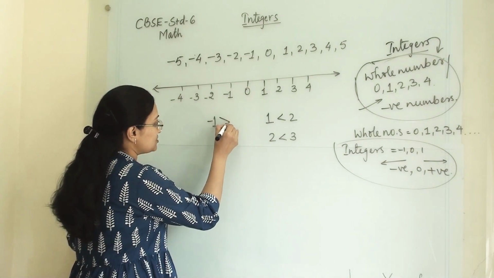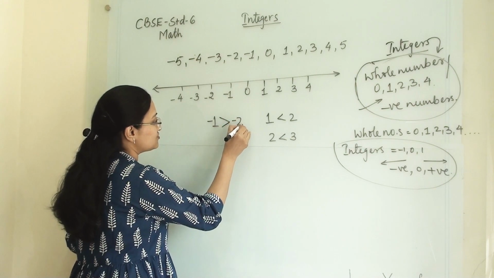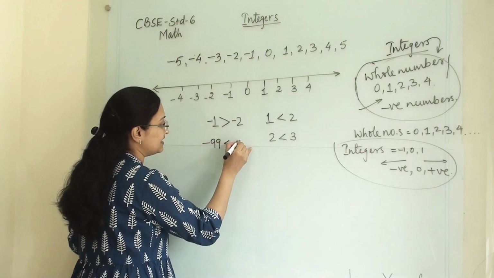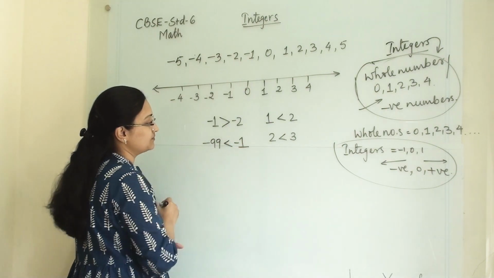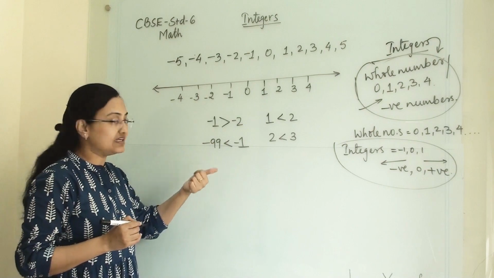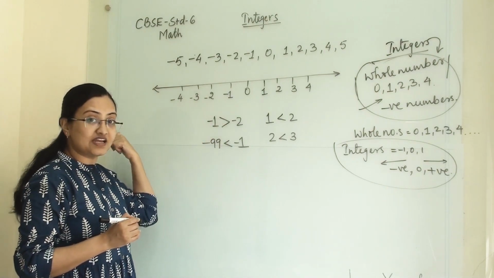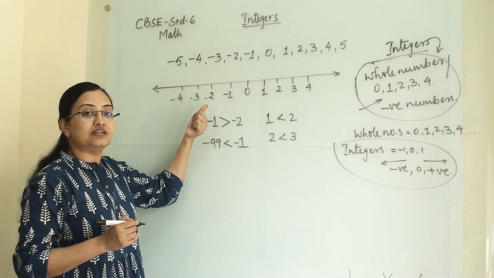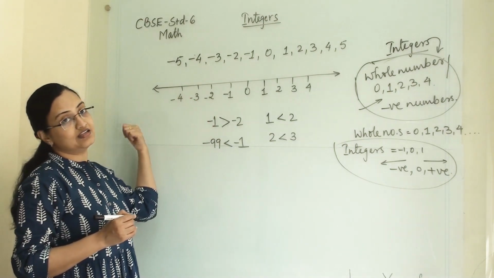So -1 is bigger than -2. -99 is less than -1. So as the number increases, its value decreases. As you are going towards the left side, the value of the numbers is getting lesser and lesser.